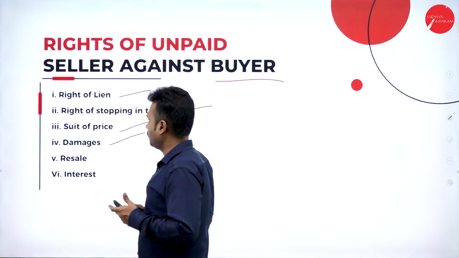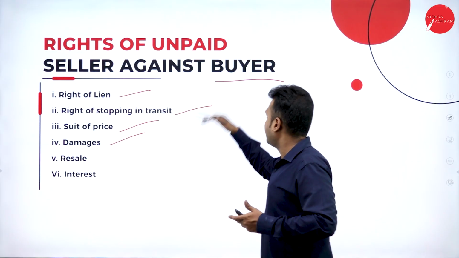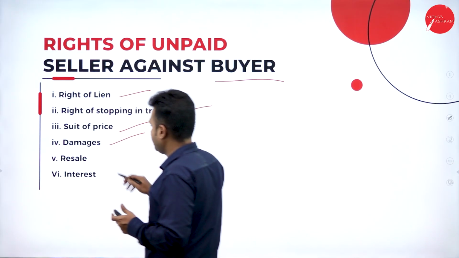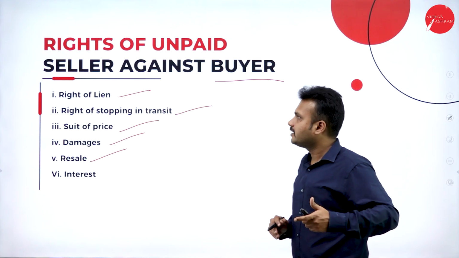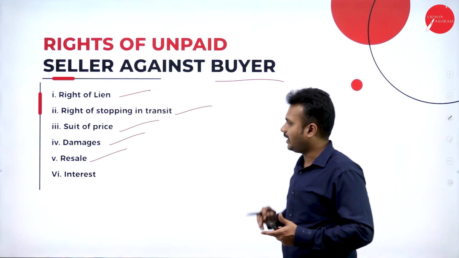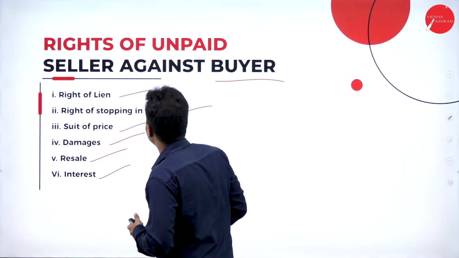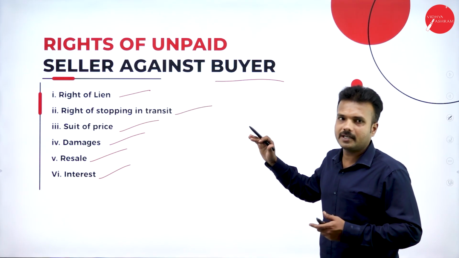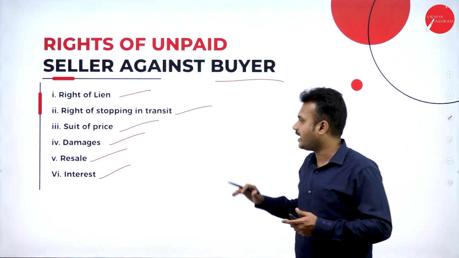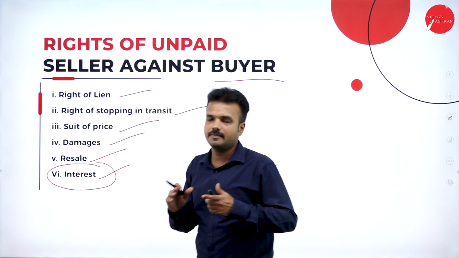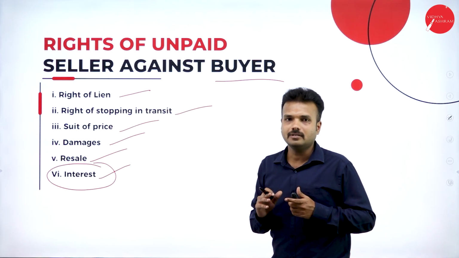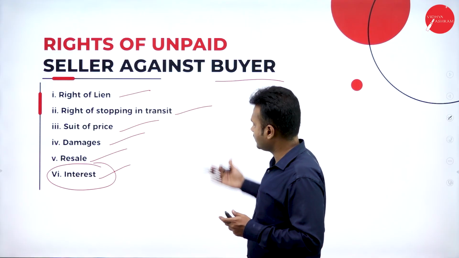Damages: he can claim damages against a buyer. Resale: he has complete authority to resell the goods if the buyer refuses to make a payment. Interest: if the buyer takes a longer period of time to make a payment, the seller has a complete right to charge interest on the specific amount according to the Sale of Goods Act.